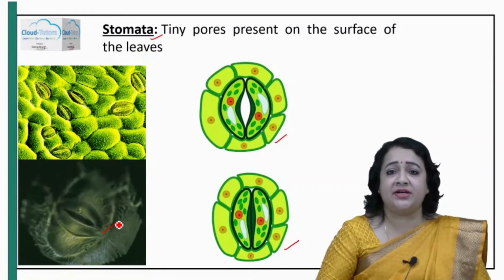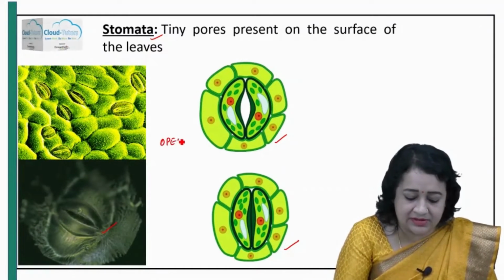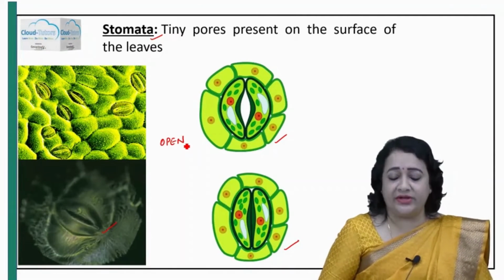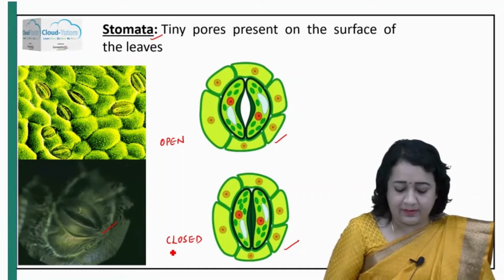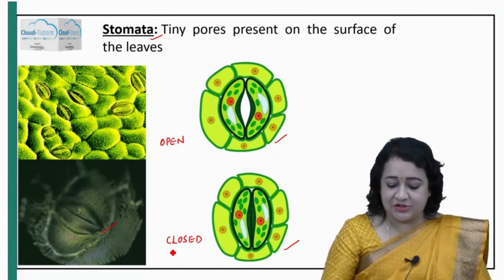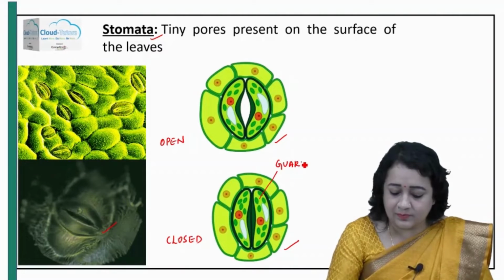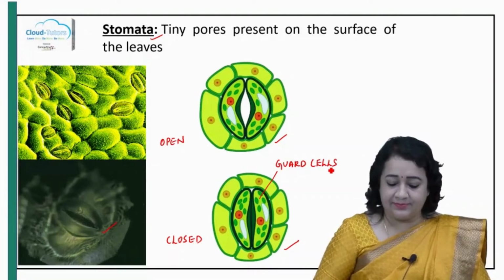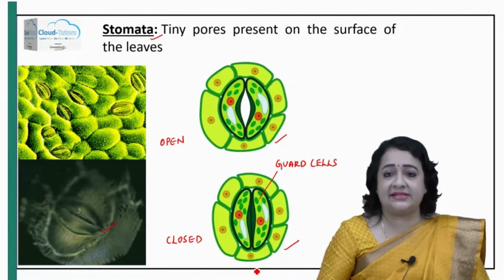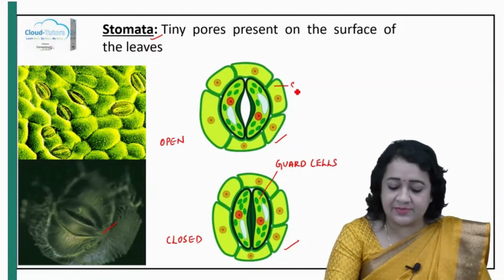And the diagram here tells about the open and closed states. The stomatal pore is open here, and the stomatal pore is closed here. So when we discuss the structure, these are the guard cells. The cells present in the surroundings of the guard cells are called subsidiary cells.